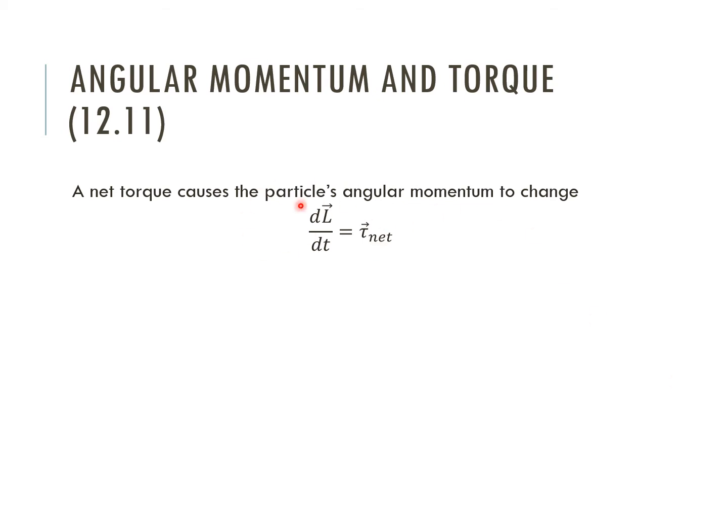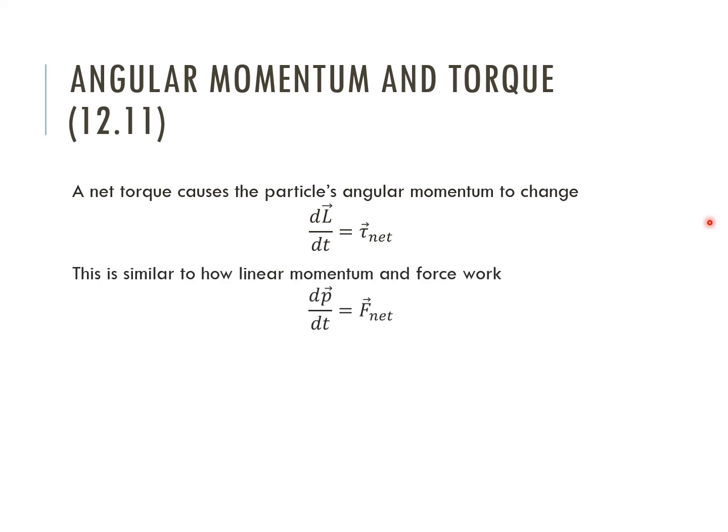So in order to change our angular momentum, we must have a net torque acting on our object. And this is very similar to what momentum had. We very briefly looked at this equation and we said, well, we have to have an acceleration to have a change in velocity. That's all we used it for, and that's going to be continuing what we use it for.